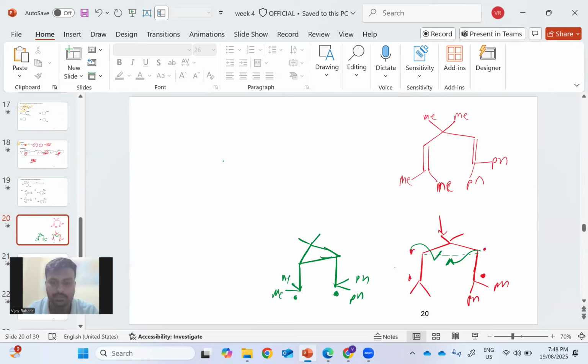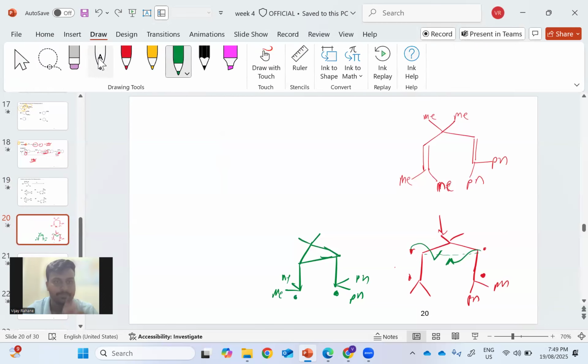What happens? This bond cleaves homolytically in this manner. I will draw with a different color: Ph, Ph, and methyl, methyl. So there was the radical, and this is the radical. Now, among these two radicals, which radical is the stable one?